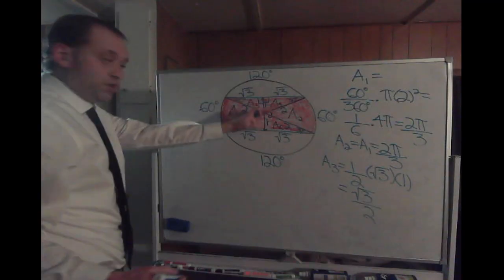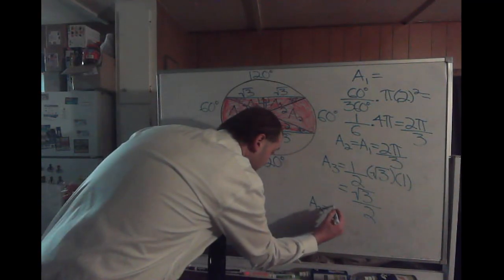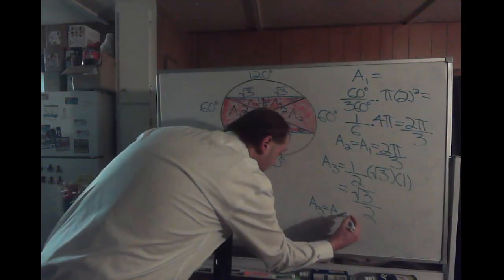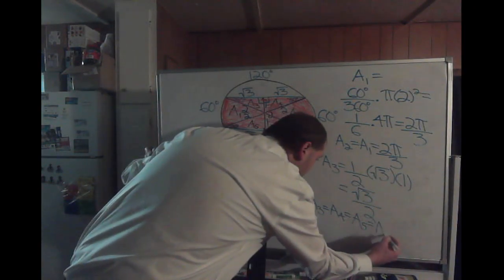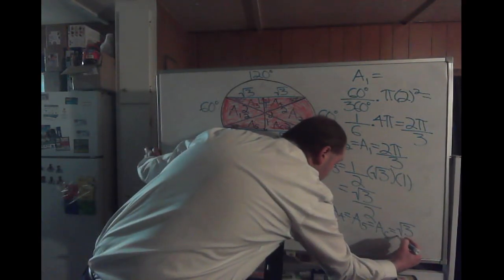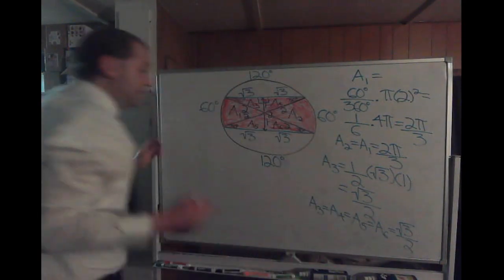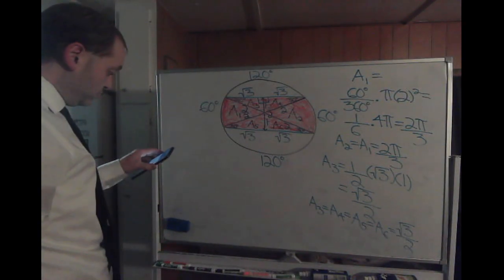And then if you have 4 congruent right triangles, that means area 3 equals area 4 equals area 5 equals area 6, which would equal what? The square root of 3 over 2. Now that we know our 6 areas, all we have to do is add them together and we found the whole shaded region.